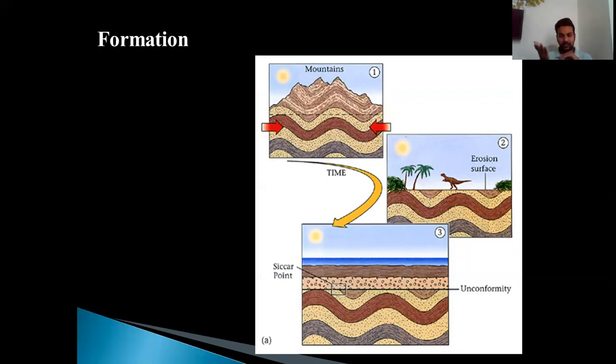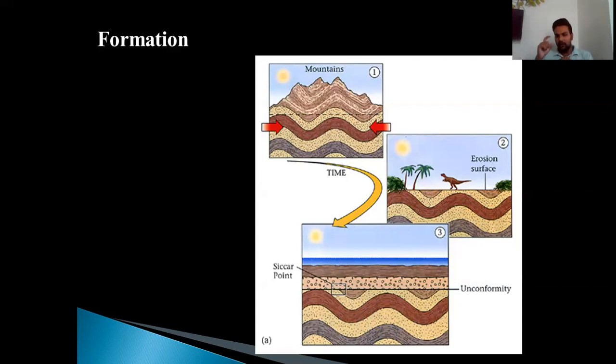In the last stage, when this surface again experiences a depositional environment, new beds will form over there. When you correlate this sequence with a sequence where it is conformable, you will find that a few beds are missing. So you can easily say that the margin from where the beds are missing is an unconformity.